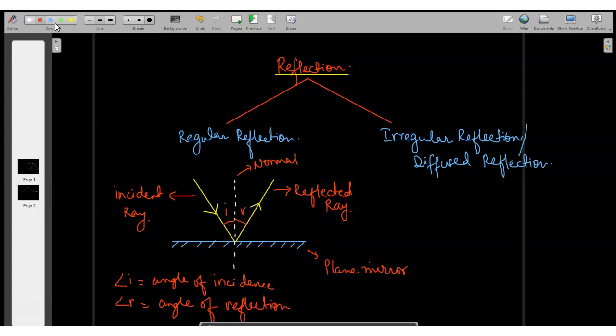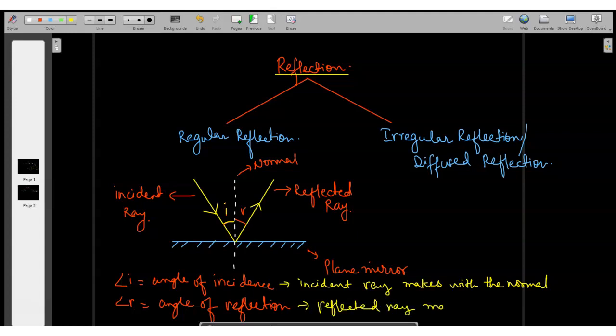Angle of incidence is that angle which the incident ray makes with the normal. Okay, so this is my incident ray, and the angle which this incident ray is making with this normal is the angle of incidence. Okay, same way, angle of reflection is the angle which the reflected ray makes with the normal.